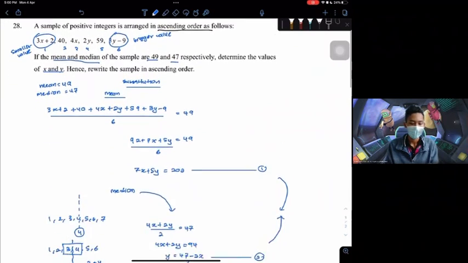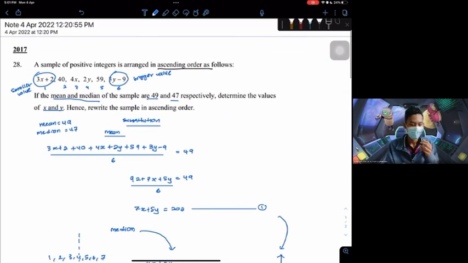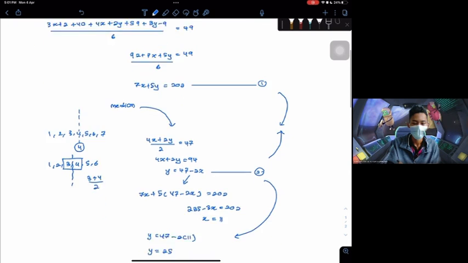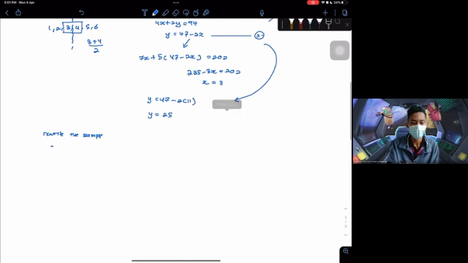So this is good. And now, the question asks, rewrite the sample in ascending order. So what we're going to do now is substitute the values into each of our data, which is 3 times 11 plus 2, 40, 4 times 11, then 2y, which is 25, and then 59, and 3y equals 25 minus 9.